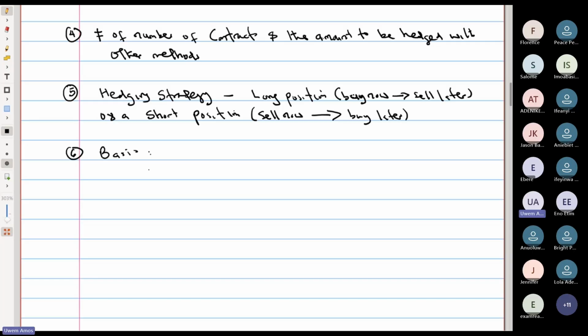And then you need to compute the range, which is basically the difference between the price now, which is the spot price, and the futures price. We then need to make an adjustment for the price. So this step 6 is basically the adjustment for the price where you are not holding it up to maturity.